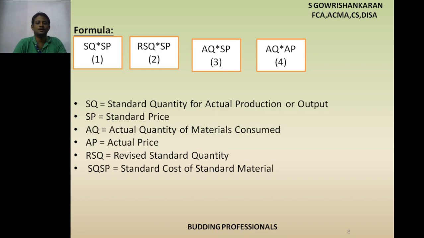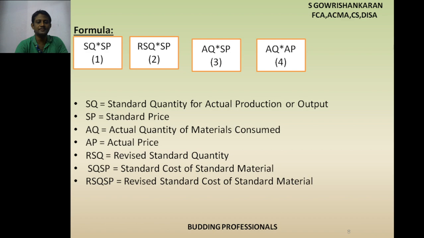How much I have to use, how much I have to spend. How much I have to use my material, that is my standard quantity. How much I have to spend for buying this material, that is my standard price. So standard quantity into standard price equals standard cost of standard material.